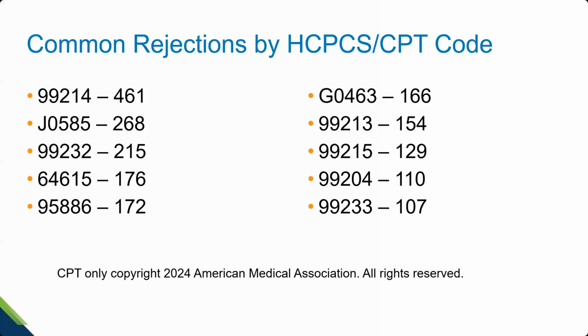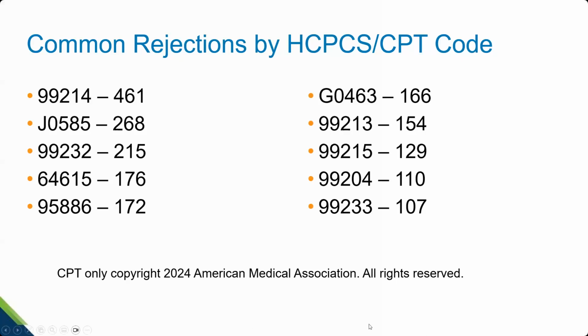But if you want a deeper dive, you might want to include on that brief survey that you're going to fill out that you want a deeper dive into rejections by code. We're hitting on the top reasons today. I threw in these codes just to provide you with a good idea of what we can see on these reports and the information we could go digging up if we want to.